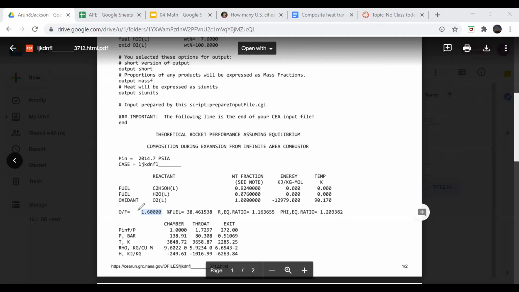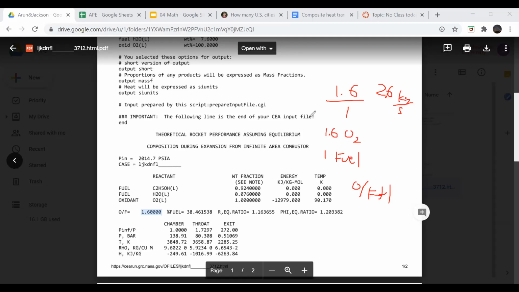So basically, if you have an OF ratio of 1.6, that's 1.6 over 1, which means for every 1.6 kilograms of oxidizer, you have 1 kilogram of fuel, which means in total you have 2.6 kilograms of mass, or kilograms per second mass flow total, which is equal to your OF ratio plus 1.